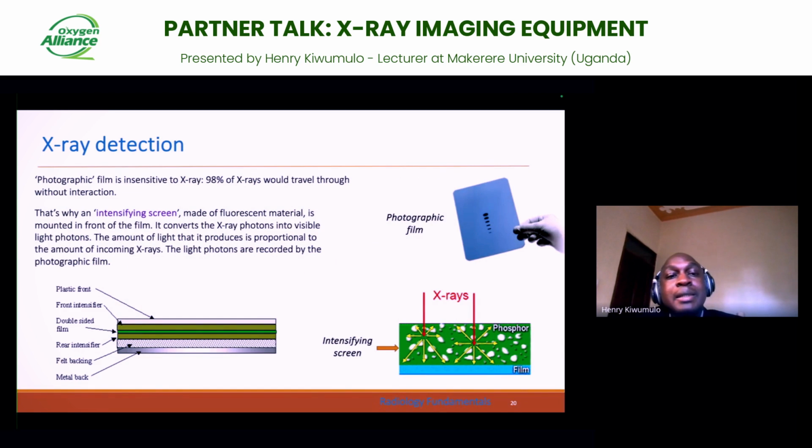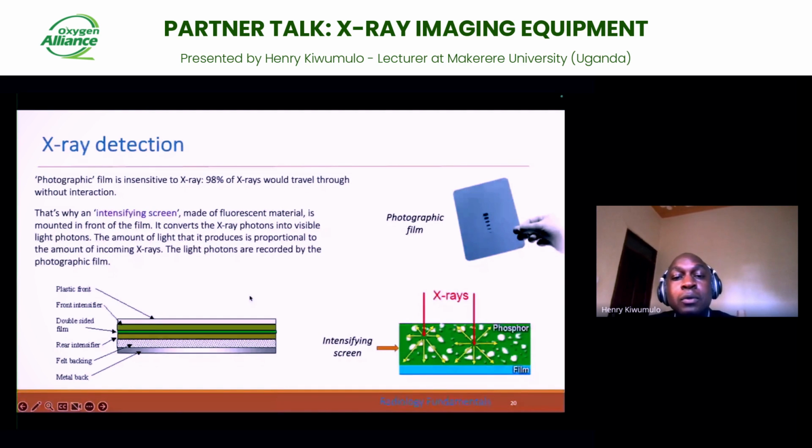Now, how are these X-rays detected? We have what we call photographic films, and these films are not very sensitive to the X-rays. So 98% of the X-rays would go through them without interaction. So the way they are designed, they have intensifying screens. These intensifying screens are made of a fluorescent material mounted in front of the film, and their role is basically to convert the X-ray photons into visible light photons.